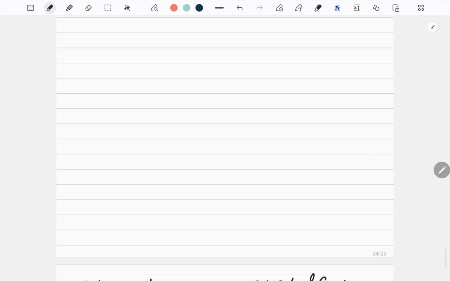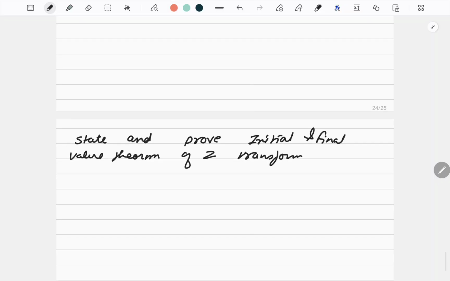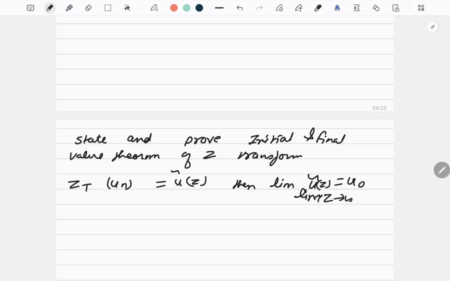Right? So now come to the initial and final value theorem. Now what is the initial value theorem? Z transform of un is equal to uz. Then limit uz is equal to u0, and limit z tends to infinity.